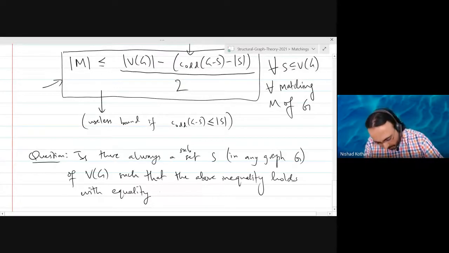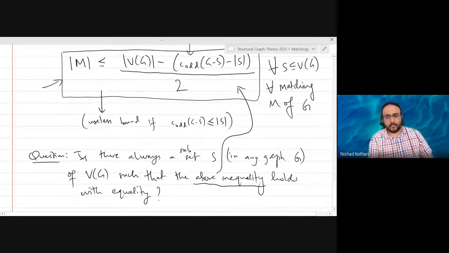Right? By above inequality, I am referring to this one.